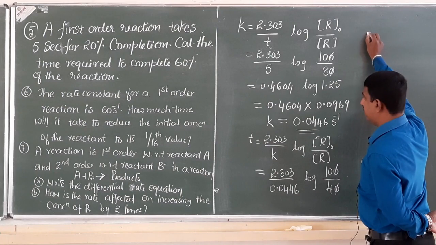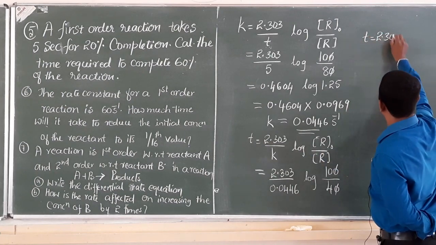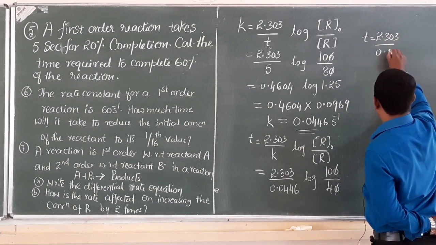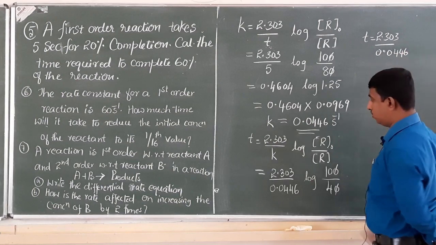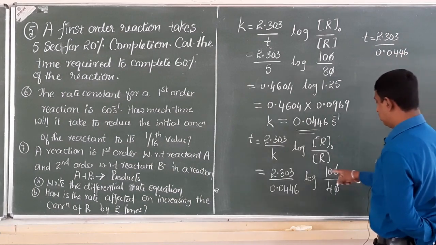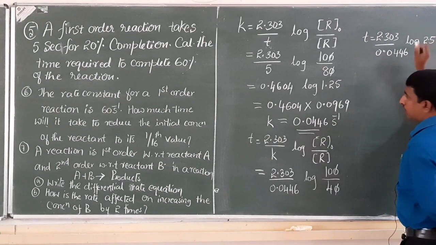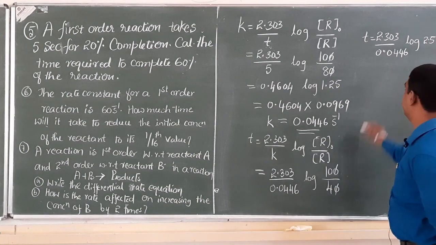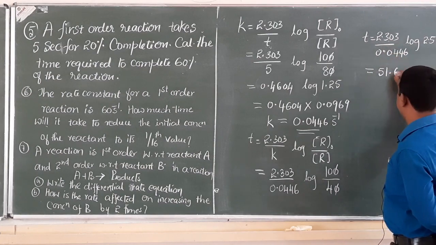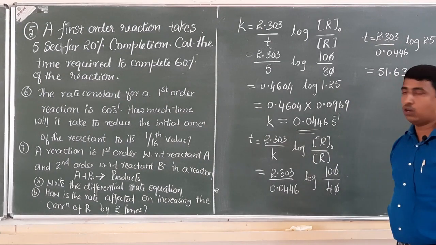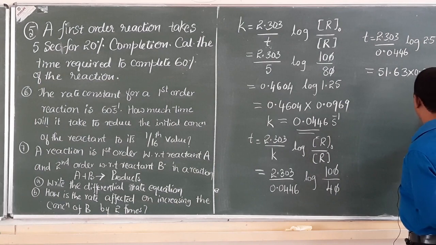Or I can write T is equal to 2.303 by 0.0446 times log 10 by 4, which is 2.5. Divide this, we will get 51.63 into log 2.5, which is 0.3979.